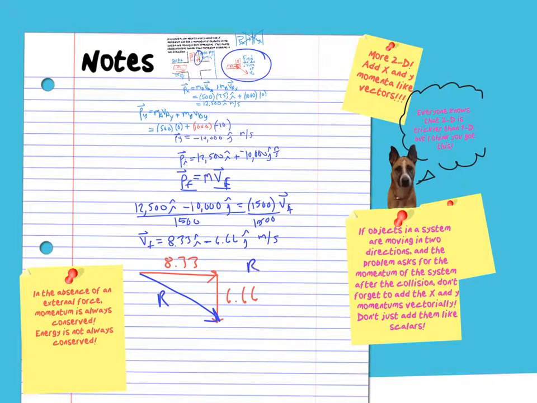So for my resultant magnitude, I'm just going to use a squared plus b squared equals c squared, and ultimately that is going to get me, and I apologize for this being so messy, get me that. And if I were to put that in my calculator, I'm going to get a magnitude of 10.67 meters per second for my final velocity. My resultant is equal to my final velocity.